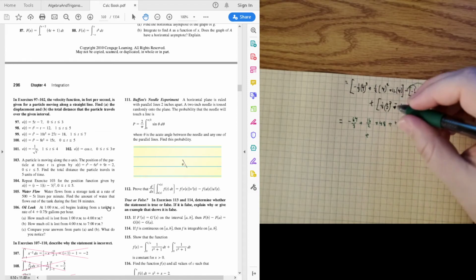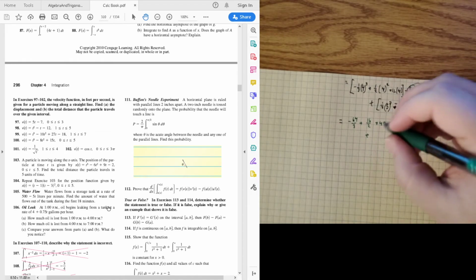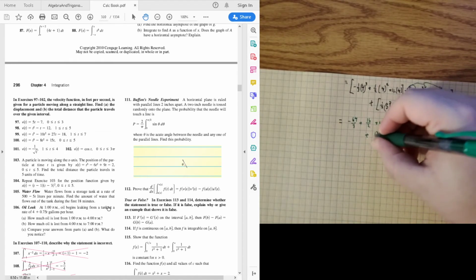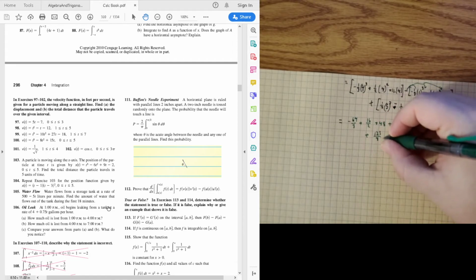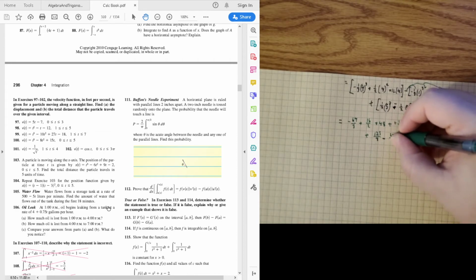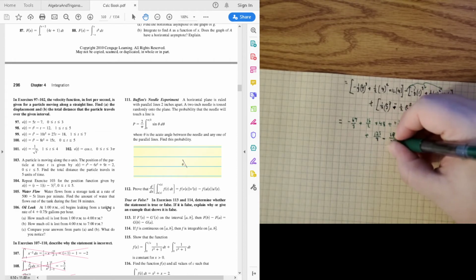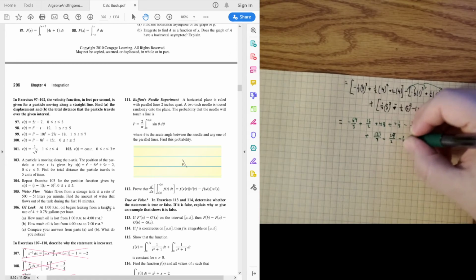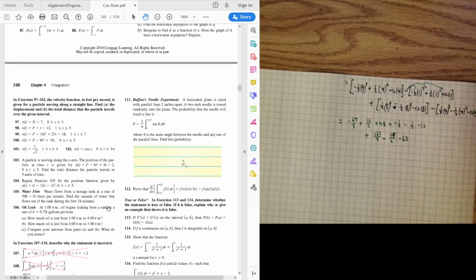5 times 1, I actually did that before, didn't I? Yeah, okay. So this would be 125/3 minus 25/2 minus 60. Okay, so the first piece, distribute the negative, so distribute here, distribute here, distribute here.